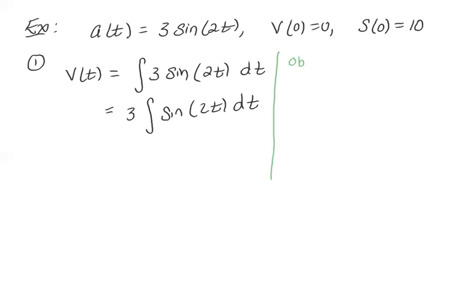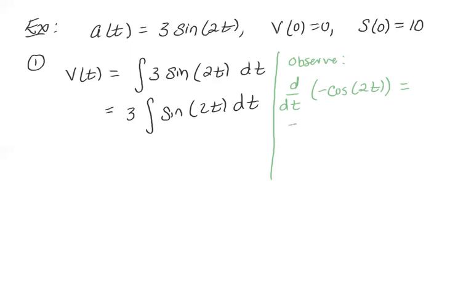Let's observe the derivative of negative cosine of 2t.